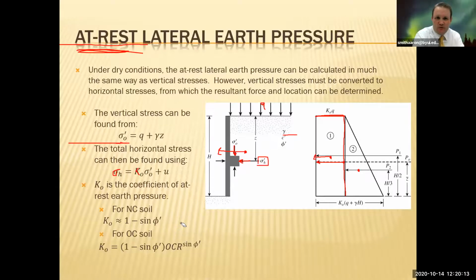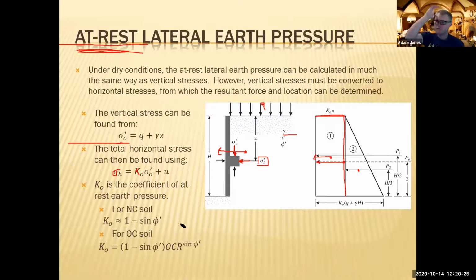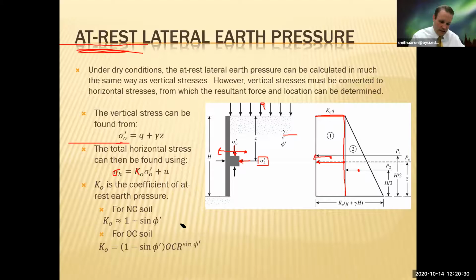What's a typical friction angle of sand? Who knows that off the top of their head? Throw one out there. 30 degrees? Yeah, 30 degrees. That is a very standard average. If you did sine of 30, what does that equal? 1/2, right?